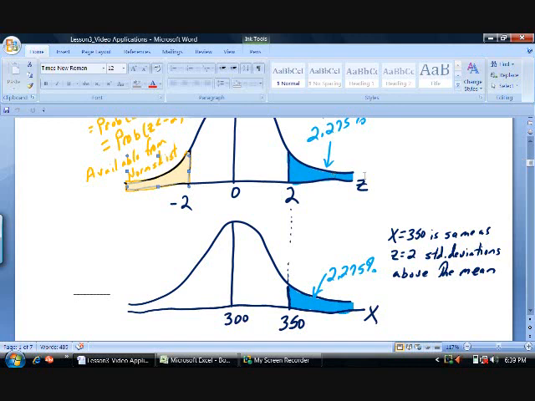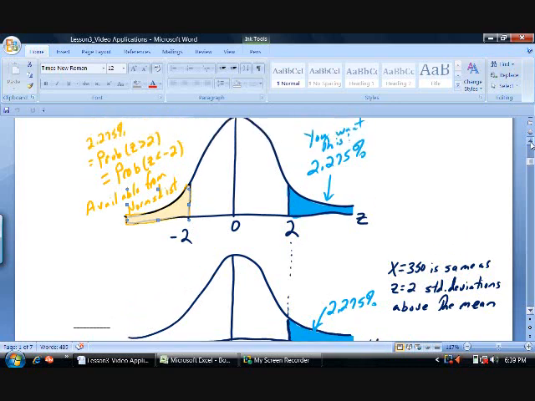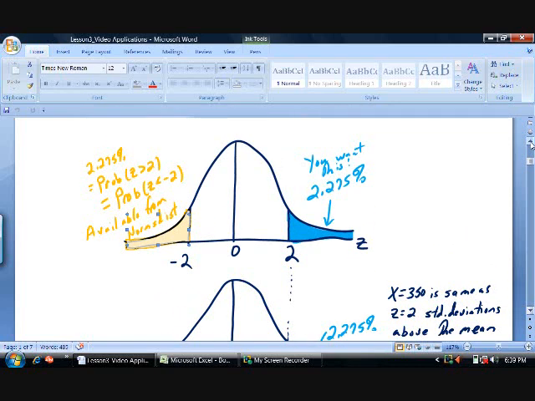The problem is NormsDist distribution gives me lower tail probabilities, the probability of getting something less than a value. I want an upper tail probability. How do I do it then? Well, I'm going to manipulate the system. If NormsDist distribution is only going to give me a lower tail value, I don't want to plug in 2, because then I would get the probability of getting a value less than 2.